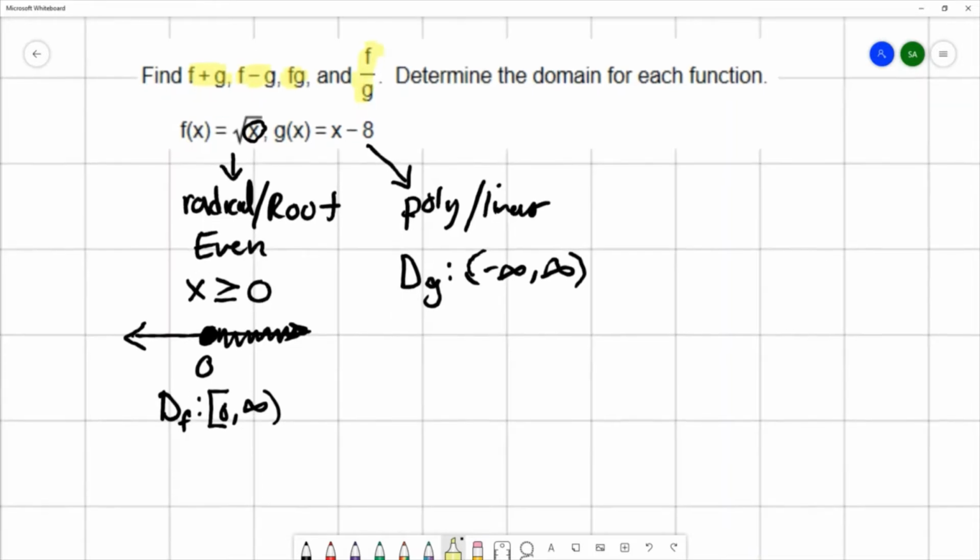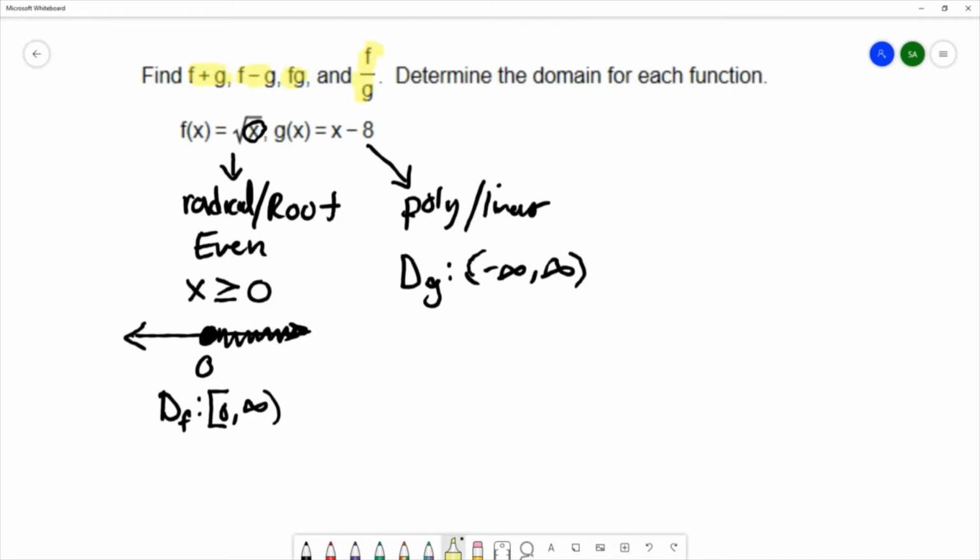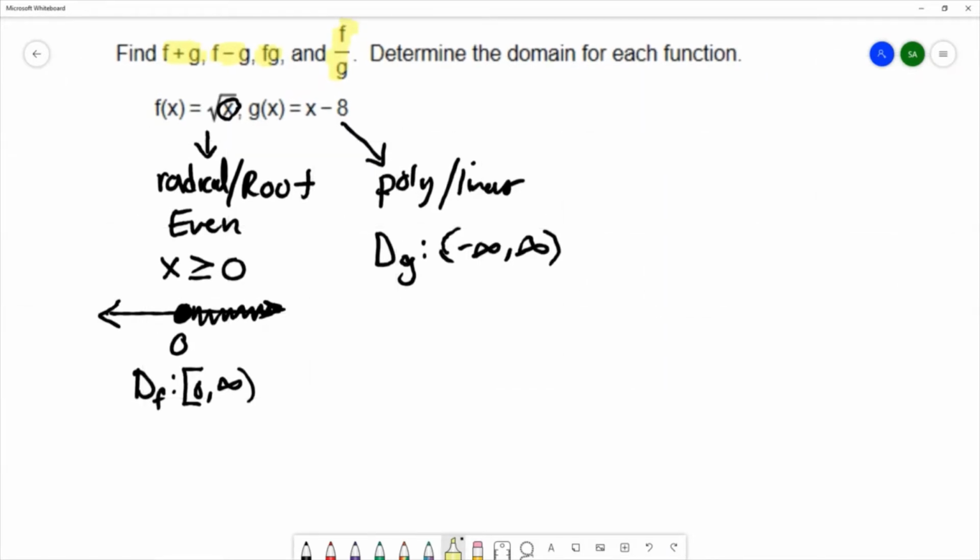Let's find f plus g and then the domain of f plus g. So f plus g of x is going to be found by taking the individual function f and the individual function g and adding them together. We want to do f of x plus g of x.